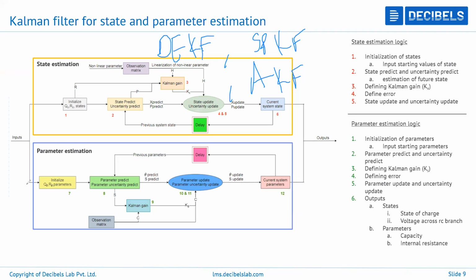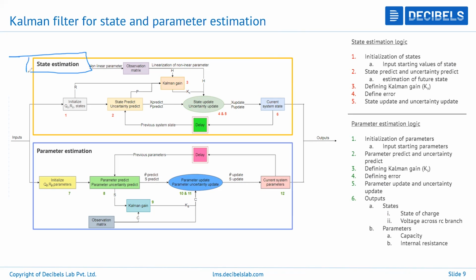Till now we have seen how the state estimation is done, using three important steps: prediction, using the Kalman gain, and then the correction or the update. There is an extension to this, a second part, where we are estimating the parameters using a similar set of processes, where we initialize the parameters. There are two parameters.